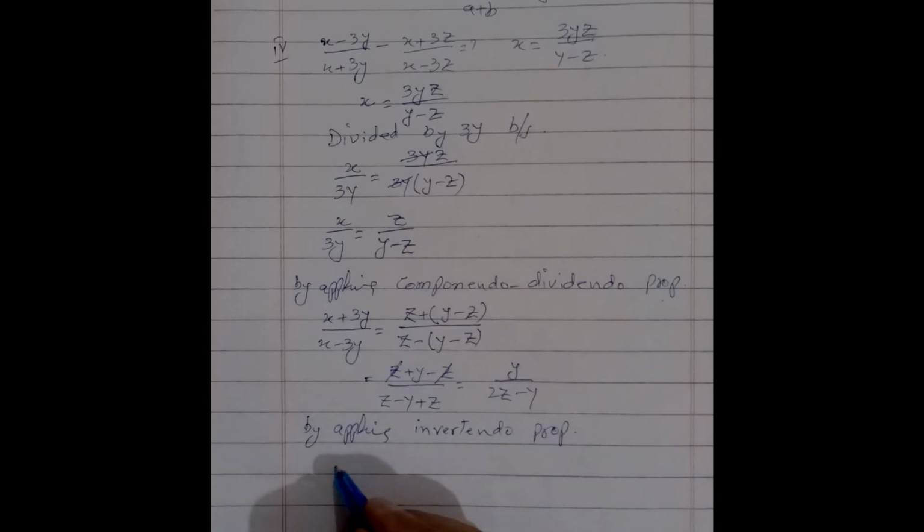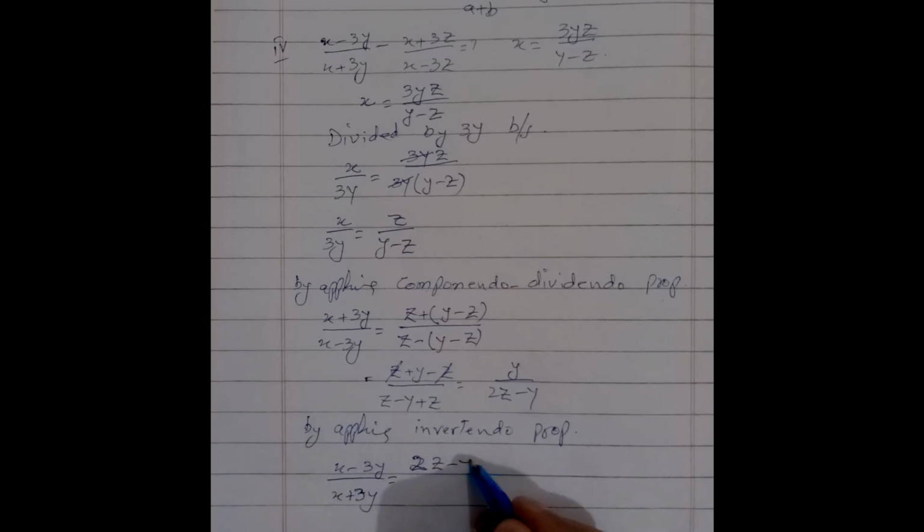We get x minus 3y over x plus 3y is equal to 2z minus y over y, and it is equation 1.